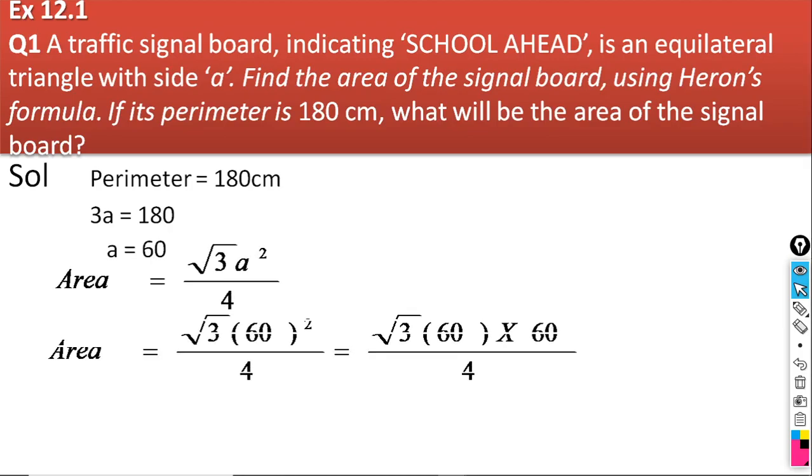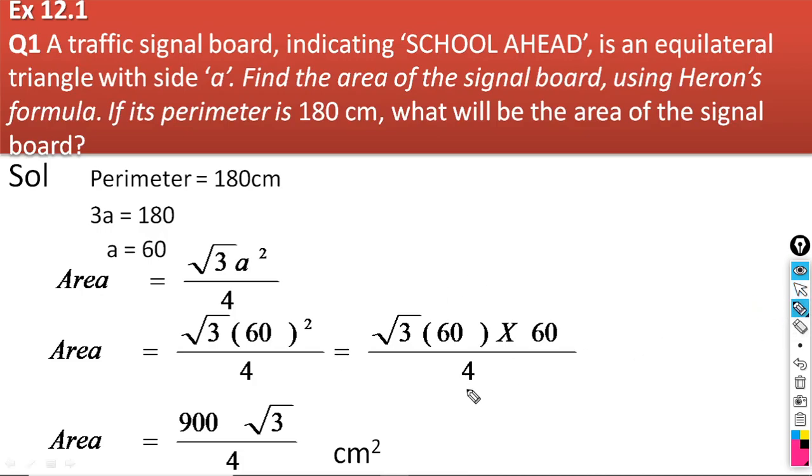And area for equilateral triangle, we know that it is root 3 by 4 a square. So we get root 3 by 4, 60 into 60. And by solving this, you'll get 900 root 3 by 4, which is equals 900 root 3 centimeter square. By completely solving this, you'll get only 900 root 3 centimeter square.